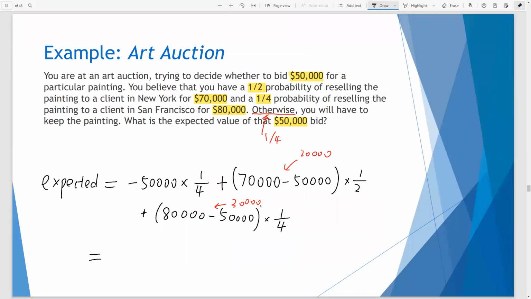So at the end, that is 5,000. From the bid, he expects to gain $5,000. Even though he keeps the painting and loses $50,000 to buy it, he still has the painting, the art piece. It doesn't lead to cash earnings directly, but that is a kind of property.